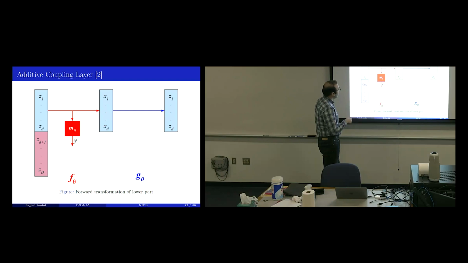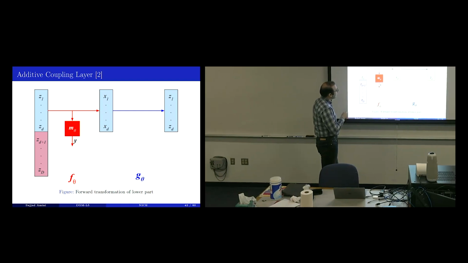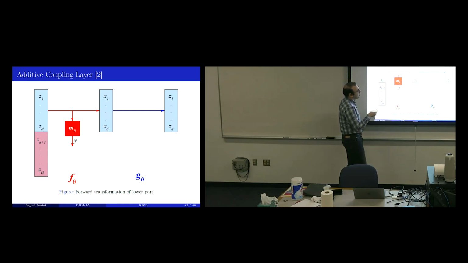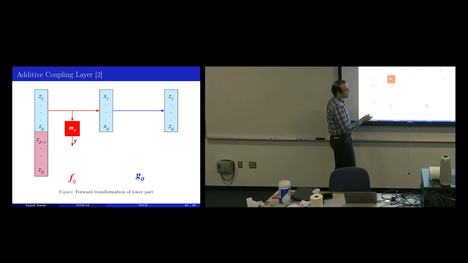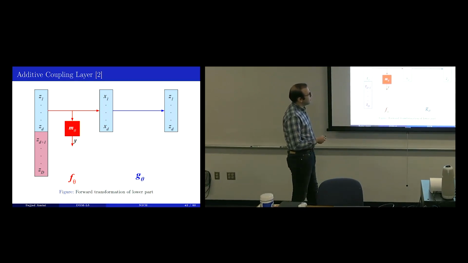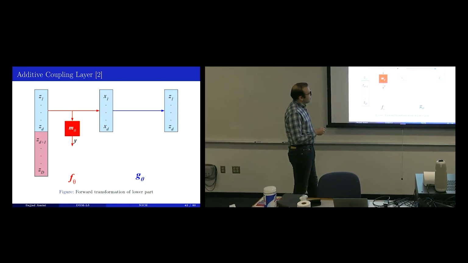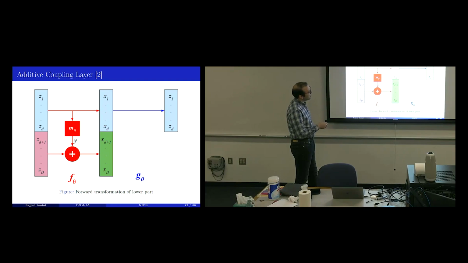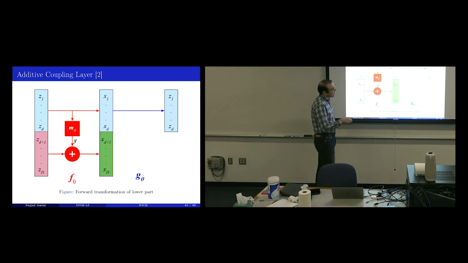This vector y is of the same dimension as your second part, and it is the output of this arbitrary transformation. There is no limitation for this transformation. As we saw before, it can be both invertible or not invertible. So you generate this y using the first part and add it to the second part, and consequently you have the second part in your observed data.